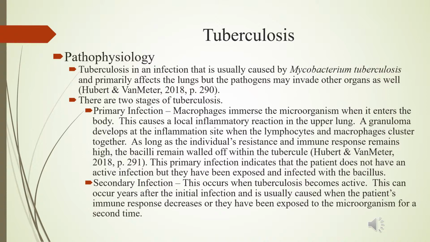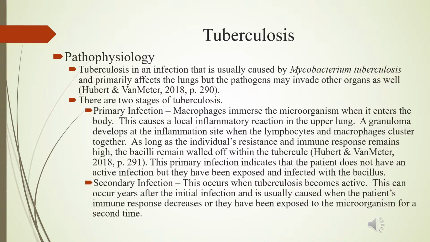As long as the individual's resistance and immunity responses remain high, the bacilli remain walled off within the tubercle. The primary infection indicates that the patient does not have an active infection, but that they have been exposed and are infected with the bacillus.